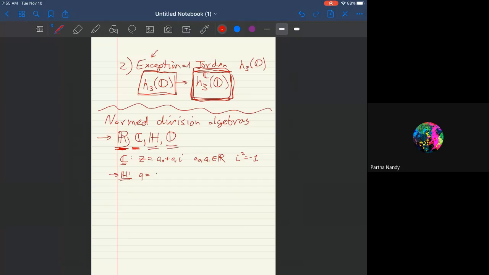They're numbers of the form A0 plus A1 i plus A2 j plus A3 k. So now there are three imaginaries, i, j, and k. They all square to minus 1.